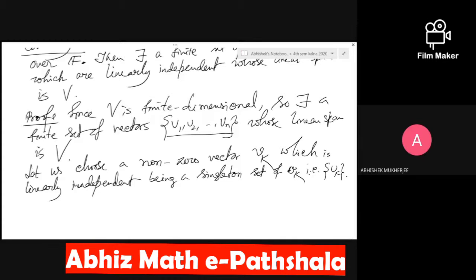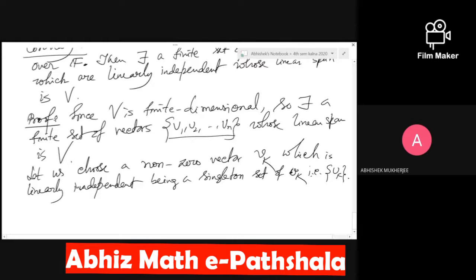And by the above corollary, so what was the above corollary? That is, if you consider a finite set of vectors v1, v2, vn, and they are not linearly independent, but you have a linearly independent set of vectors amongst them, suppose v1, v2, vk, then there exists a subset of v1, v2, vn containing those vectors, which is linearly independent and which spans the subspace generated by v1, v2, vn.